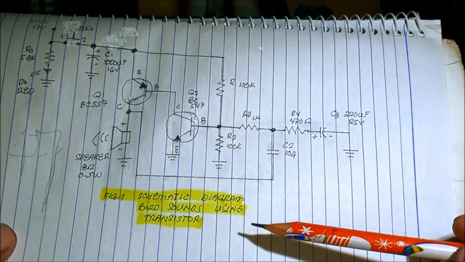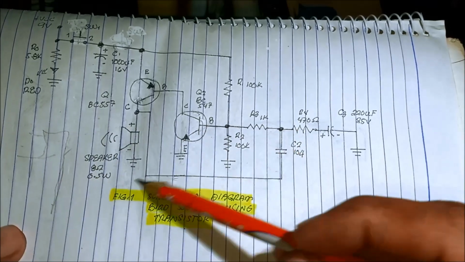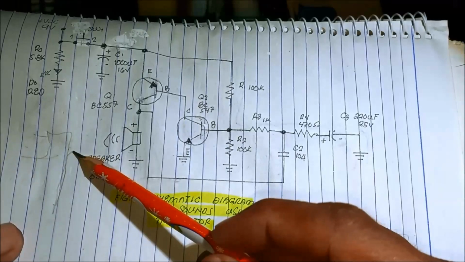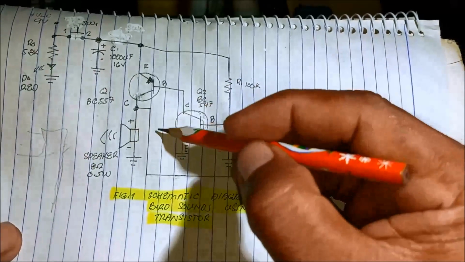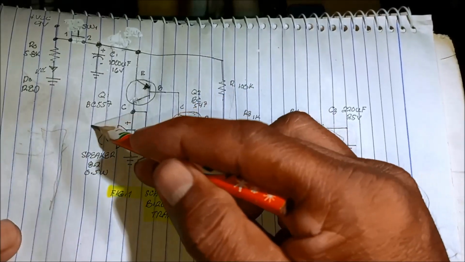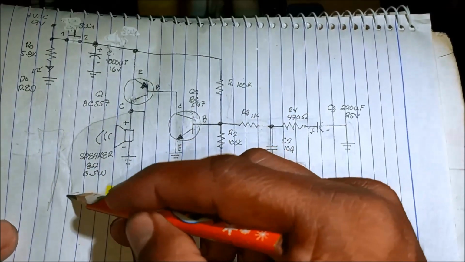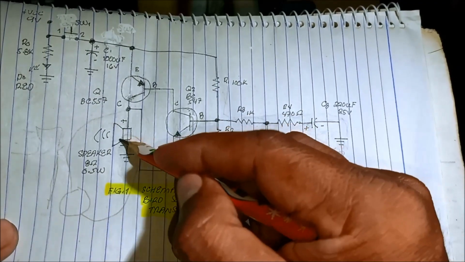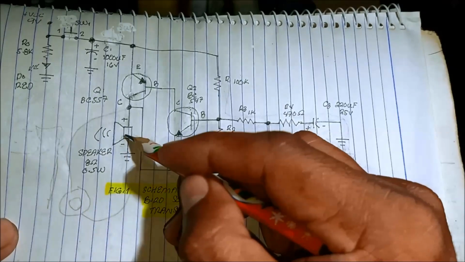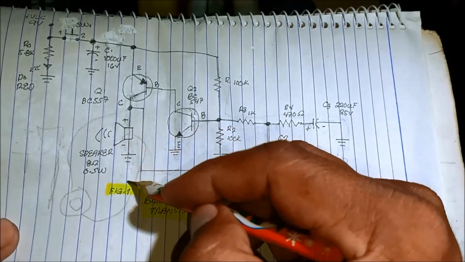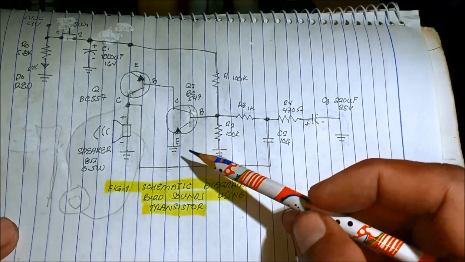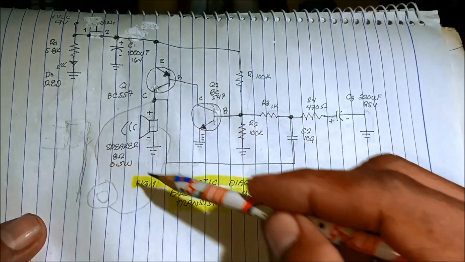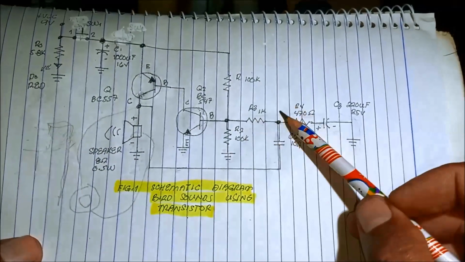We can see in the oscilloscope the characteristic or the nature of the waveform produced when we are going to connect the oscilloscope from positive to the negative or ground of the speaker, so that we will know the nature of this waveform that is produced by this circuit.